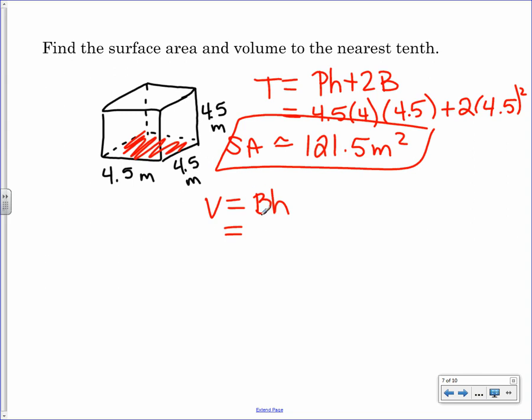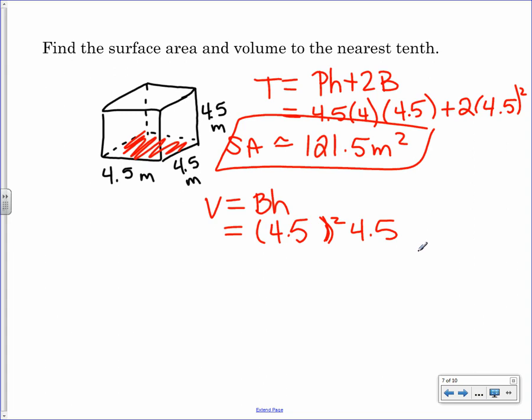So that capital B stands for area of base again. What shape is our base? A square. What's the area of any square? Side squared, same thing. So side squared. What's the height of our prism? 4.5, right?